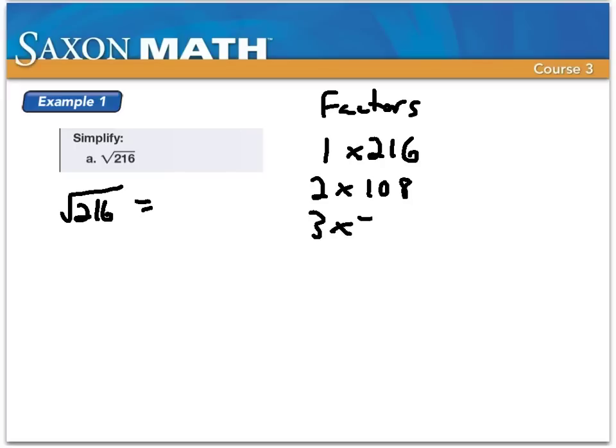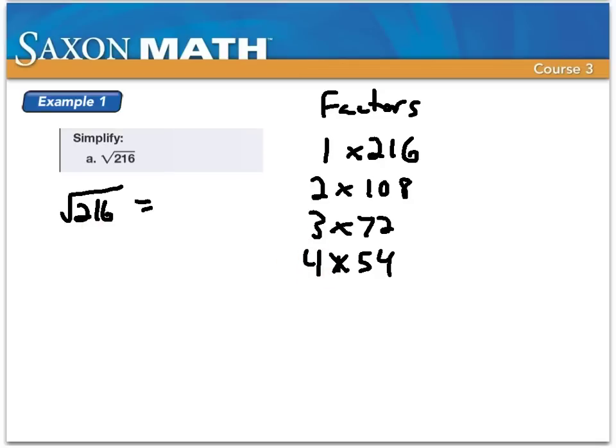And 3 times 72 gives me 216. Well, neither one of these were one of my perfect square numbers I had at the beginning. So how about 4? 4 would be good because 4 is a perfect square, times 54.